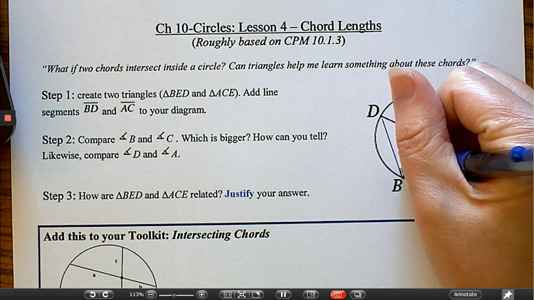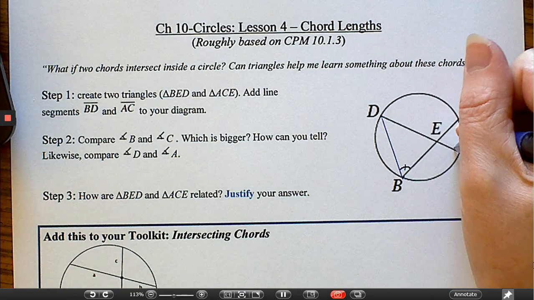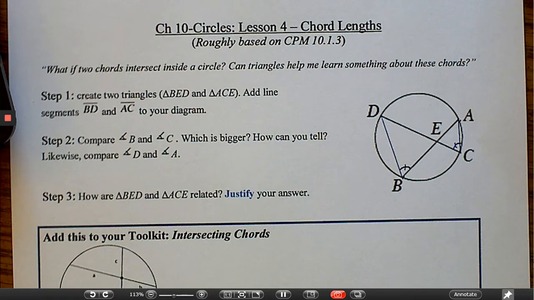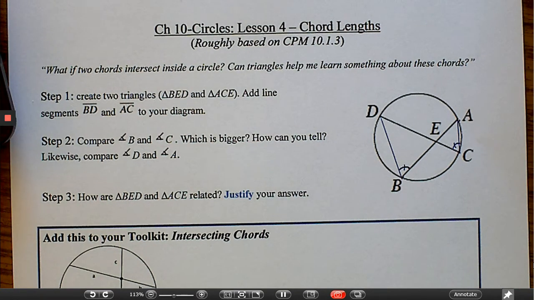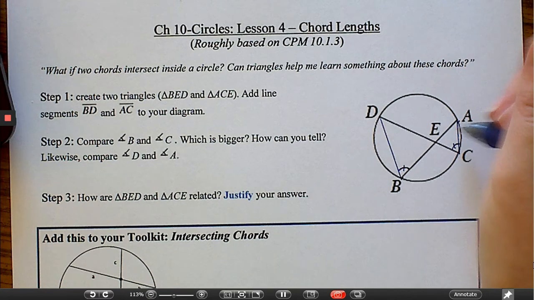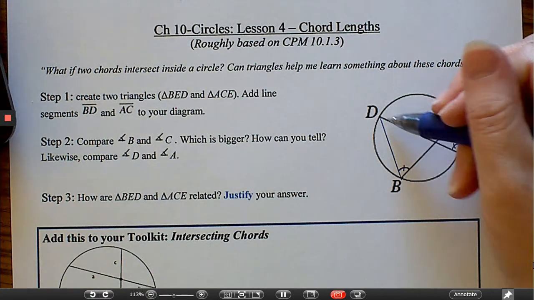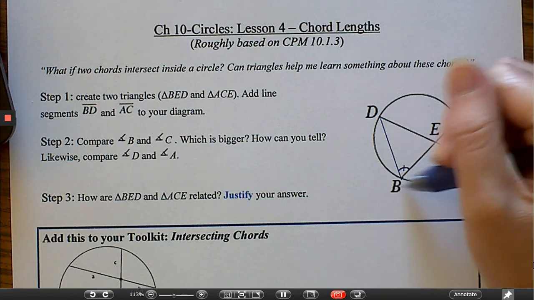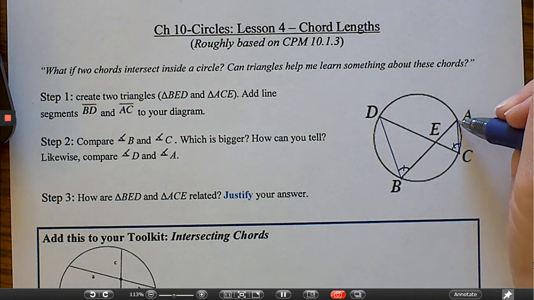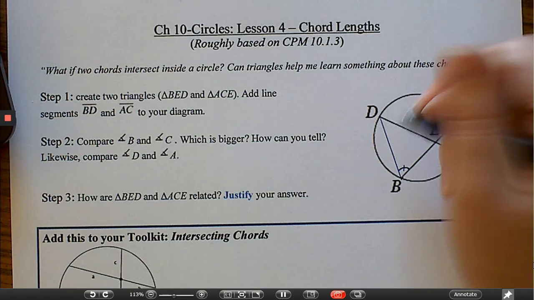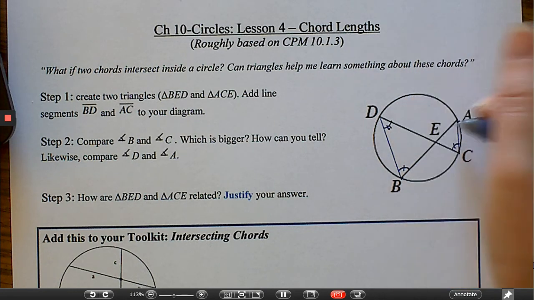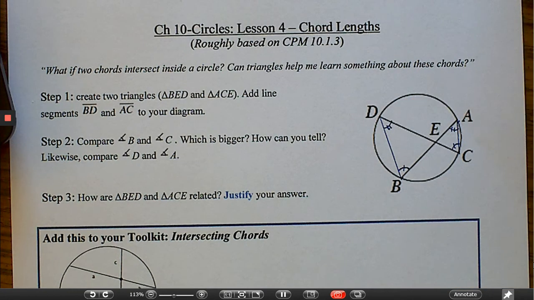Well, we learned last time that when you have two inscribed angles that intercept the same arc, those two inscribed angles are going to be congruent. Now, I don't know their exact measure, but I know they're the same. Likewise, if I compare angle D to angle A, angle D is also inscribed. It intercepts arc BC, and angle A also intercepts arc BC. So that tells me that angles D and A are congruent.